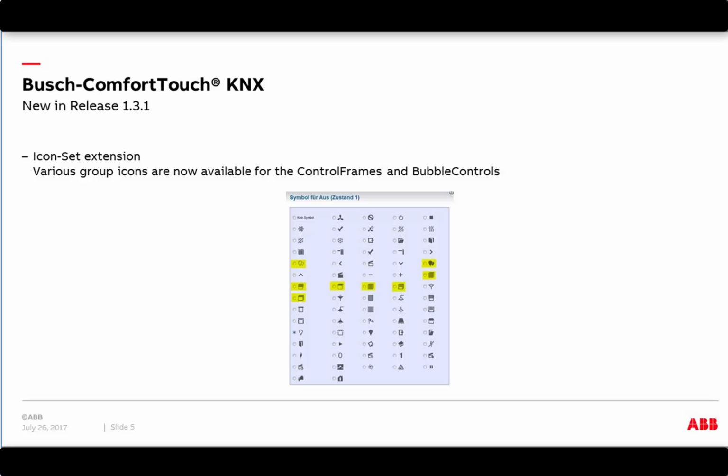With the release 1.3.1 comes also a set of new icons. The new set includes mostly icons for groups of lights and blinds. The icons can be integrated into control frames and bubble controls for more visual help of what you are controlling now. Example, a single blind or a complete group of blinds.